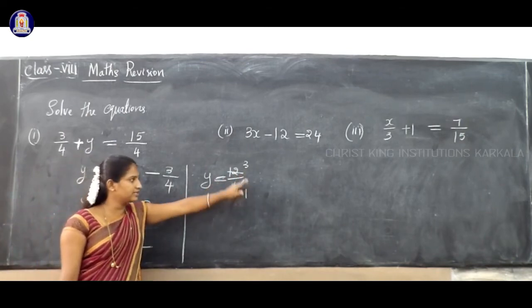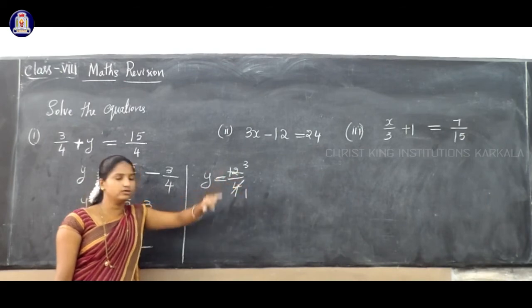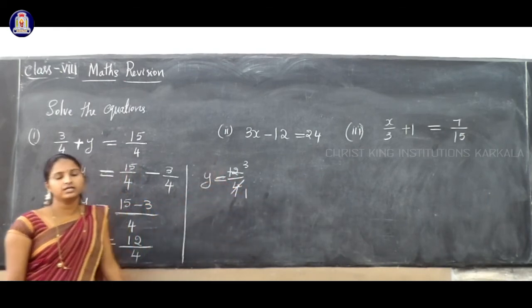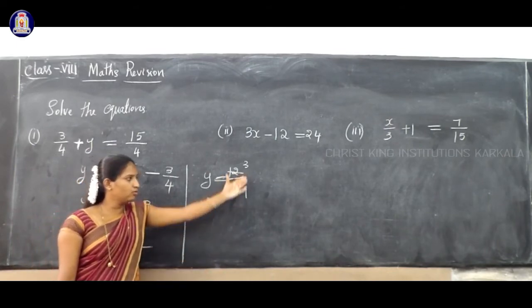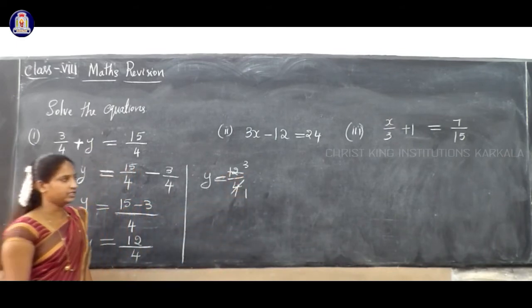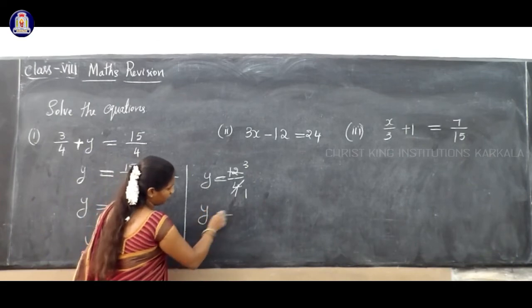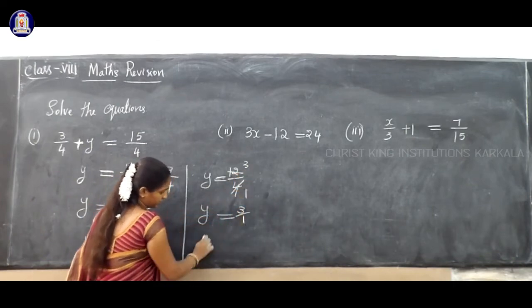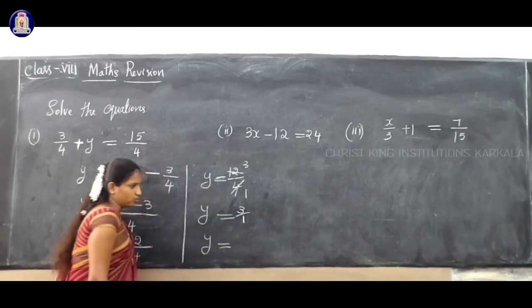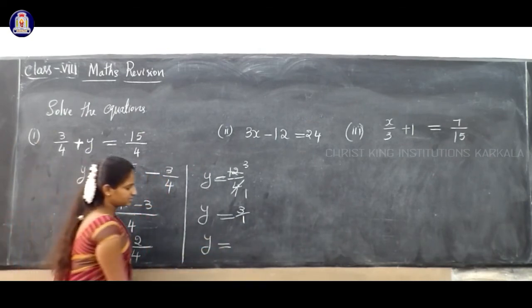So here we can simplify because both numerator and denominator are divisible by same number, isn't it? So 4 divides both numerator and denominator. So y is equal to 12/4. The answer is 3/1. So therefore y is equal to 3/1, that is 3.